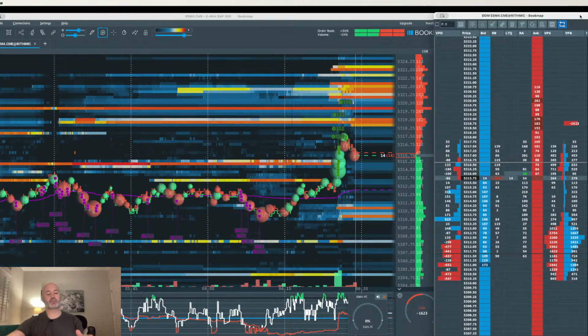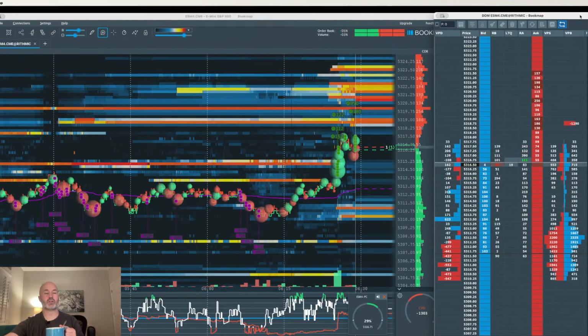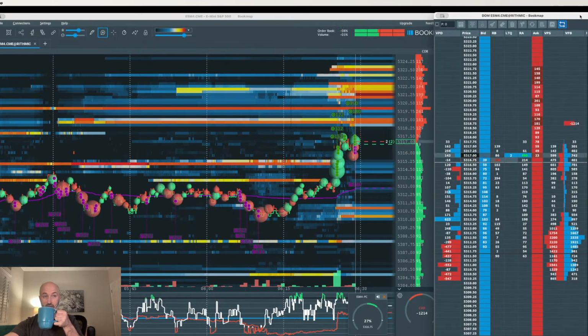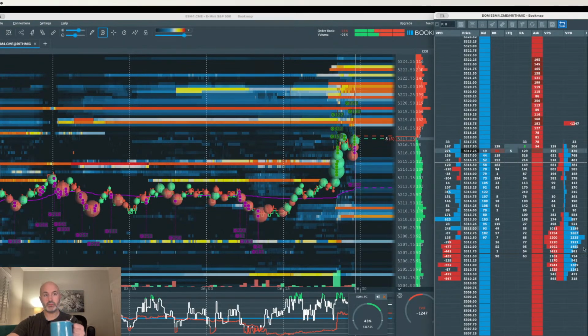So as people come on and want to talk about it, you can ask certain questions on my Bookmap, like what indicators I'm using.